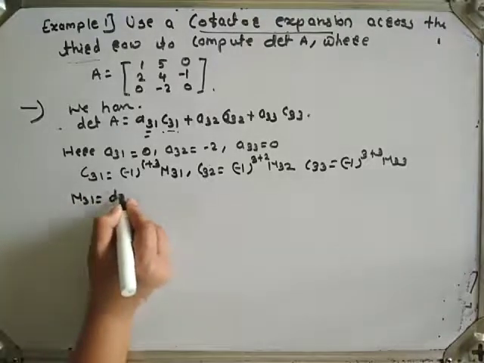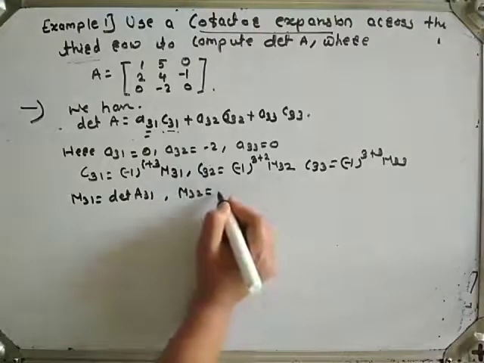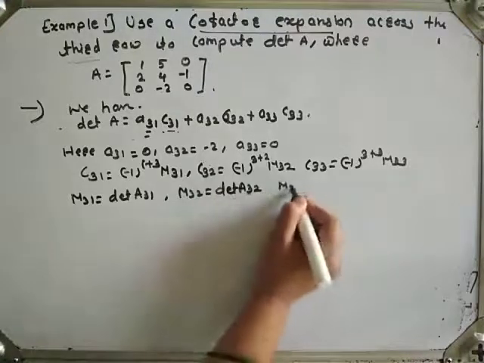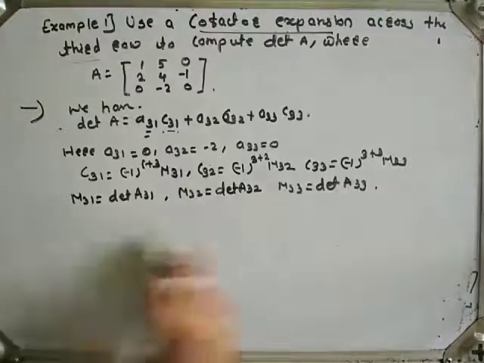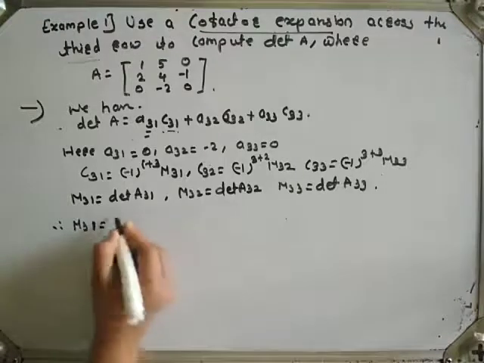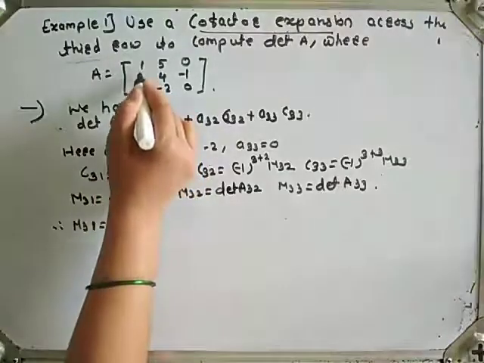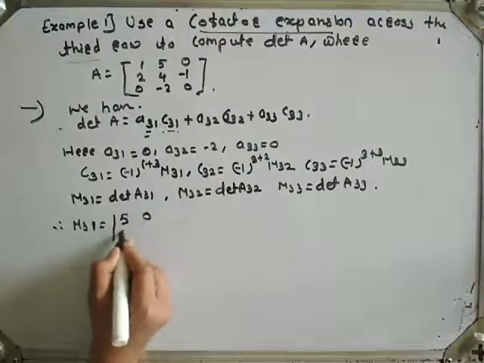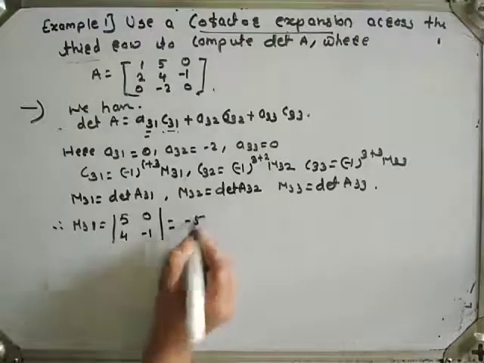M31 is nothing but the determinant of A31, M32 is the determinant of A32, and M33 is the determinant of A33. We have already seen this. Therefore for M31, delete the first column and third row; the remaining submatrix is [5 0; 4 -1]. The determinant of this matrix is minus 5.